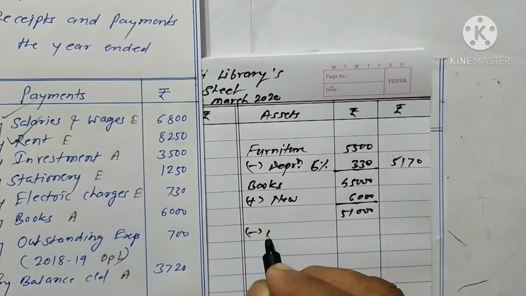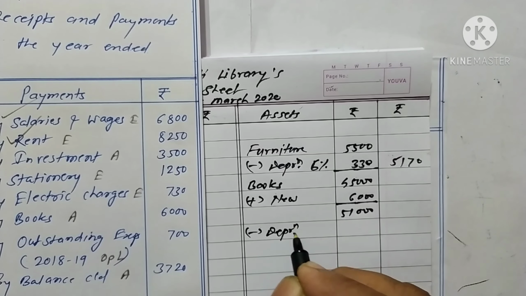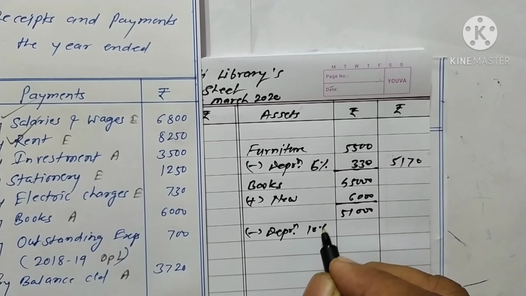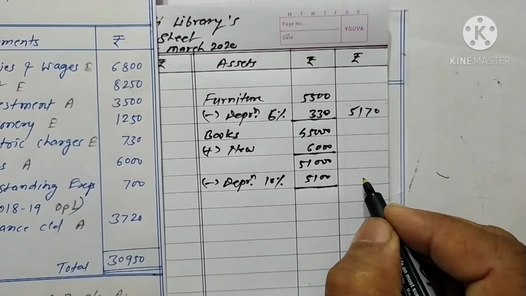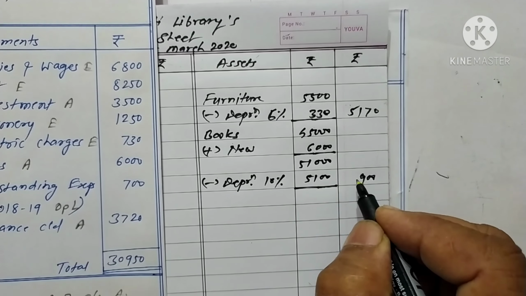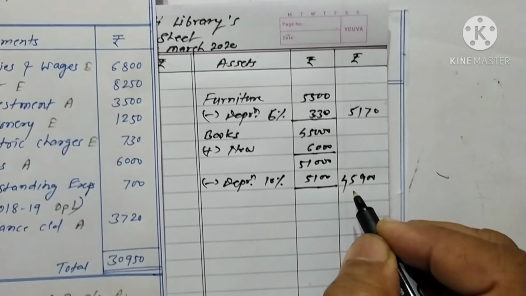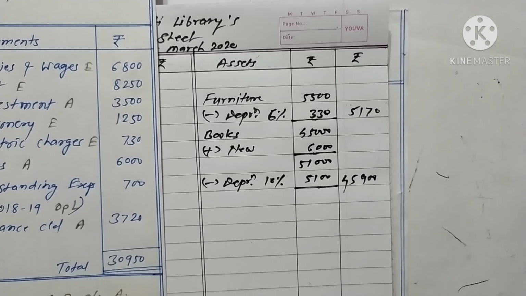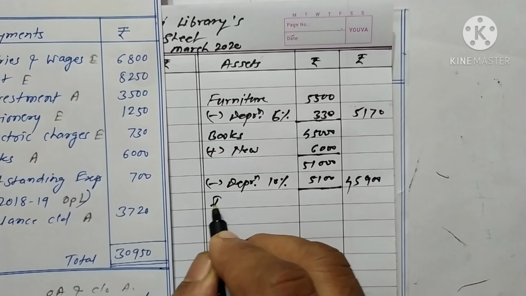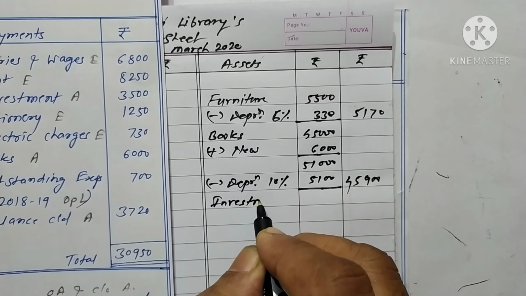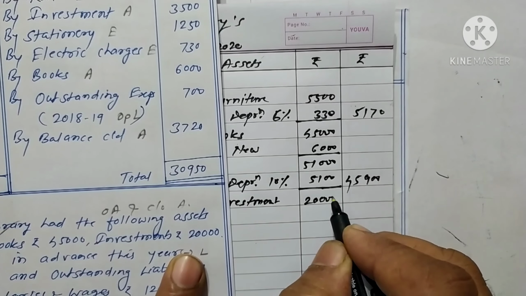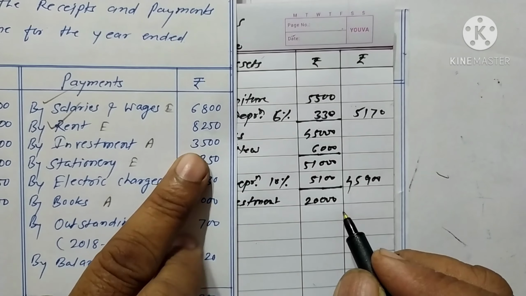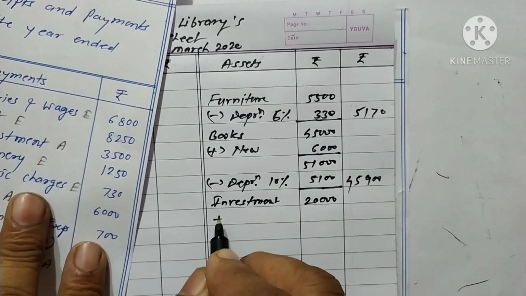Again we have to less depreciation at 10%, 5,100. Deductions comes rupees 45,900. Next is investment. Rupees 20,000 opening balance. We have to add investment rupees 3,500 as new investments.